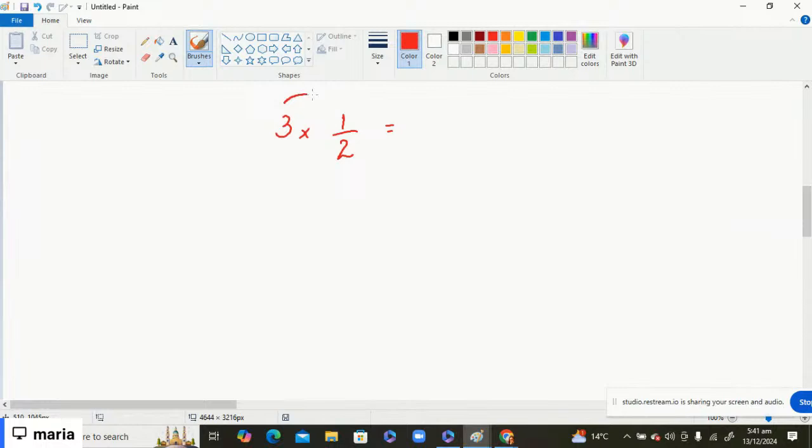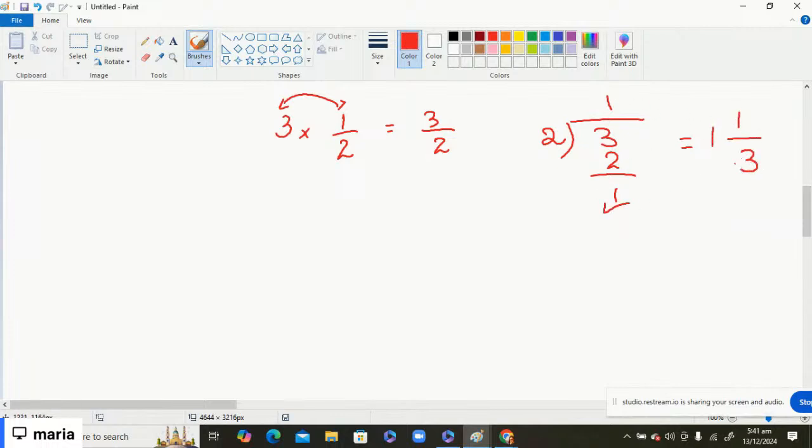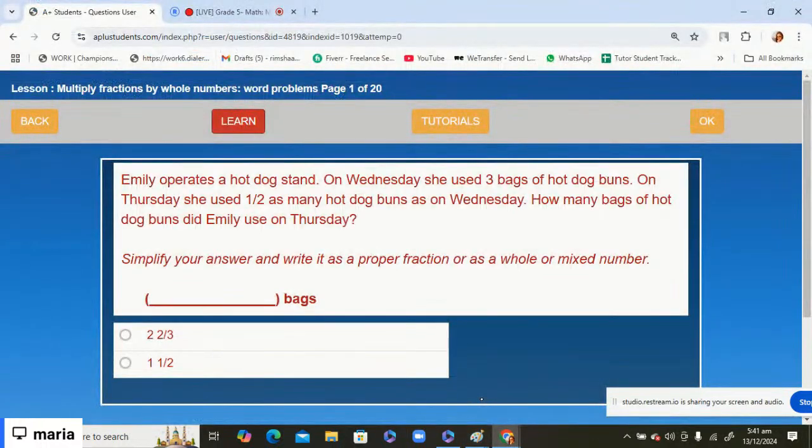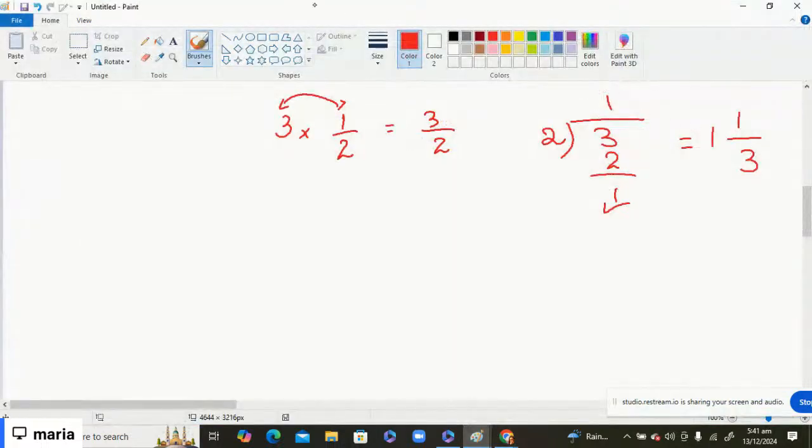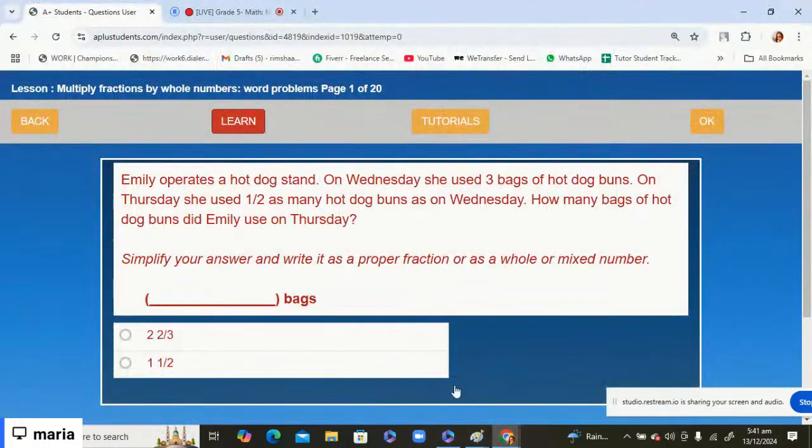It's 3 times half. Multiply the top numbers with each other. 3 times 2... 2 times 1 is 2, 1 is left. So 1 into 1/2. Sorry, I just put 3, that is 2. Okay, this one. So 1 into 1/2. And let's go with it.